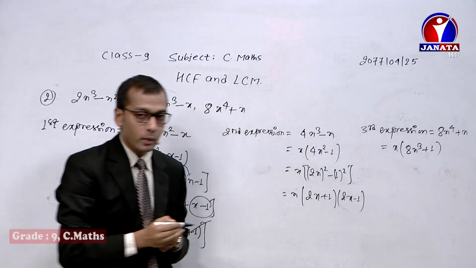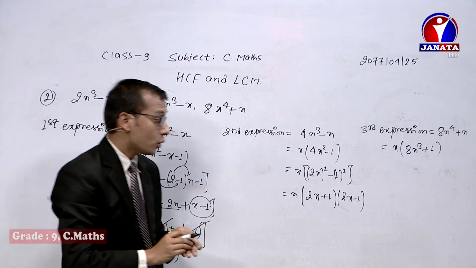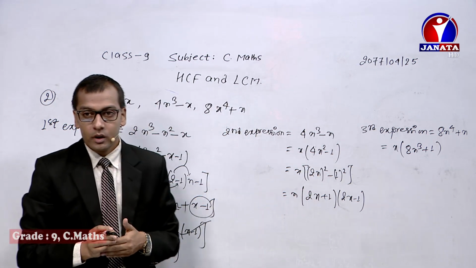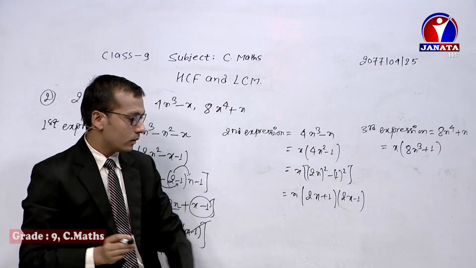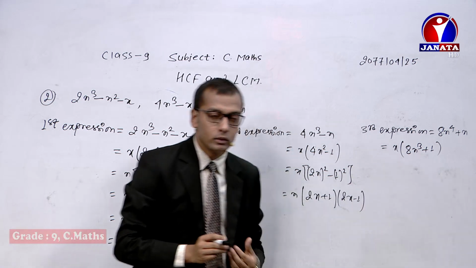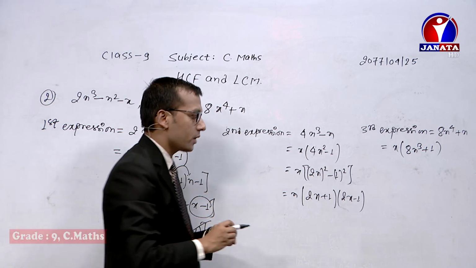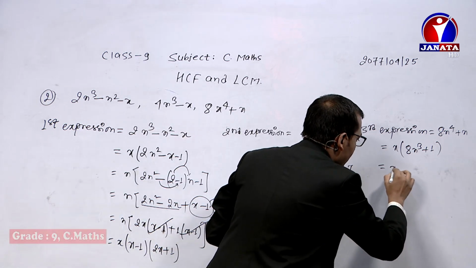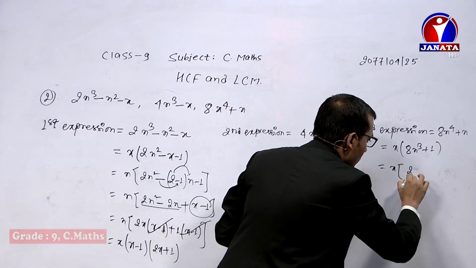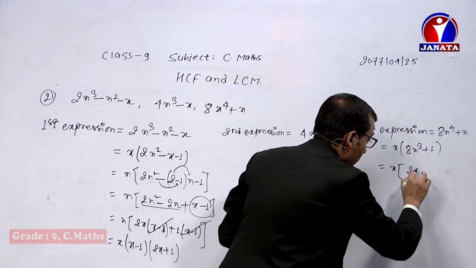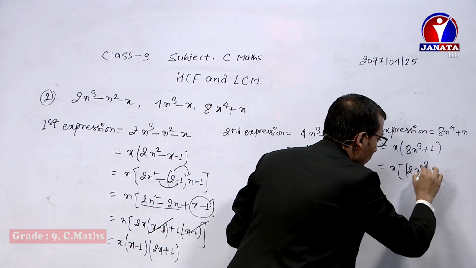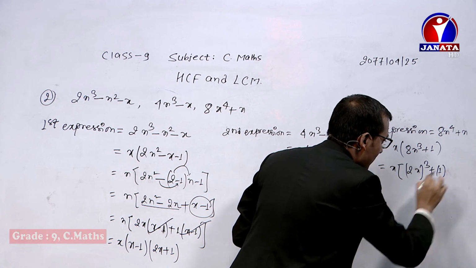These two terms are remaining. Now let's try to convert this into a cube plus b cube form. This is possible. So x times 8x cube is 2x whole cube, plus we can rewrite 1 as 1 cube.